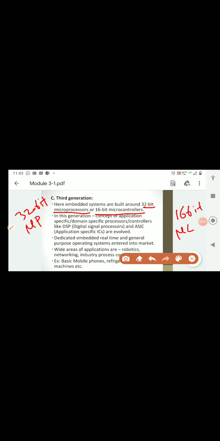And in this generation, this is very important, the concept of application specific processors and controllers like DSP, digital signal processors, and application specific ICs evolved. So in the third generation, more evolution has taken place.